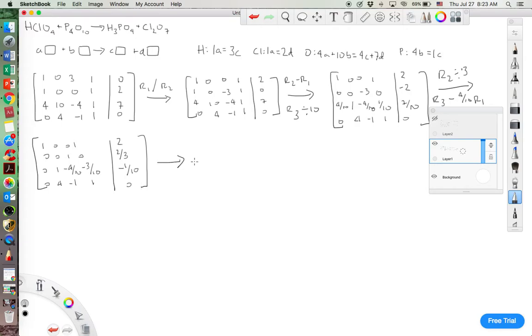Keep doing our row operations. Let's take R3 plus 4/10 R2. And so we've got a 1 here. We can eliminate this 4/10 if we just multiply this by 4/10 and add it to the negative 4/10. And let's also do R4 plus R2. R4 plus R2 will give us 0 in this column here.